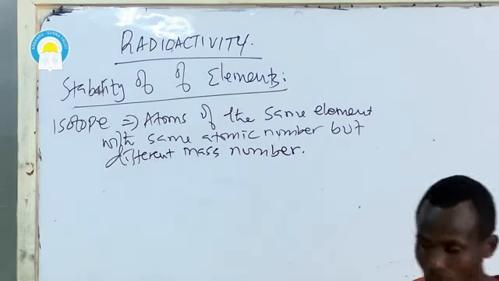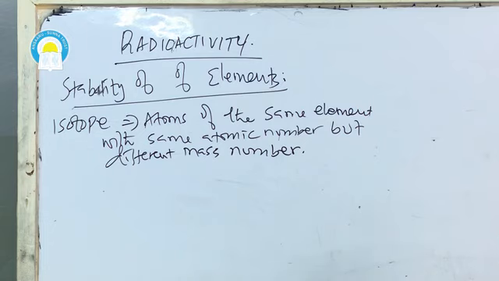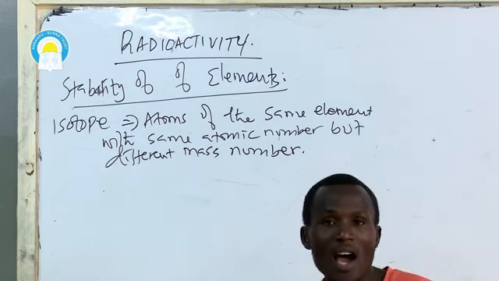Therefore, you will find that some of the isotopes have relatively more neutrons than the others. So the percentage abundance of those isotopes is more than the other.